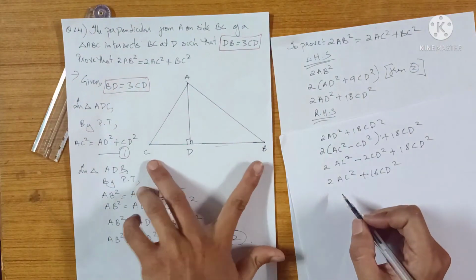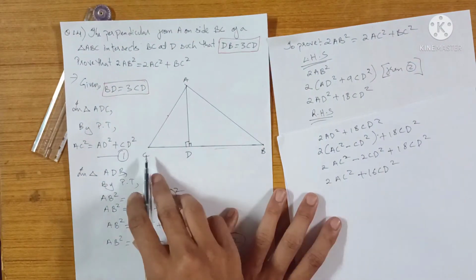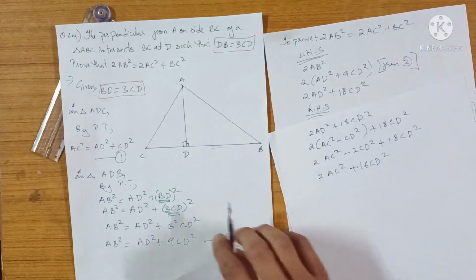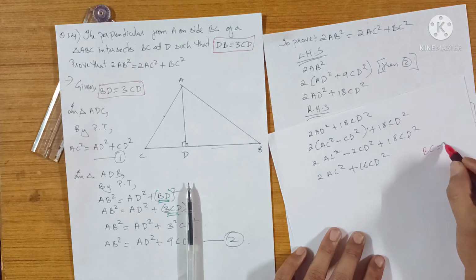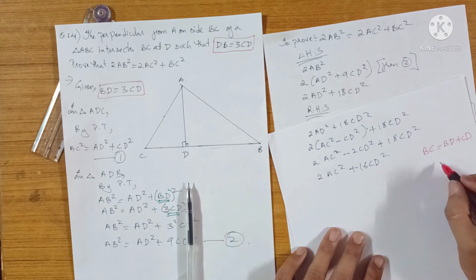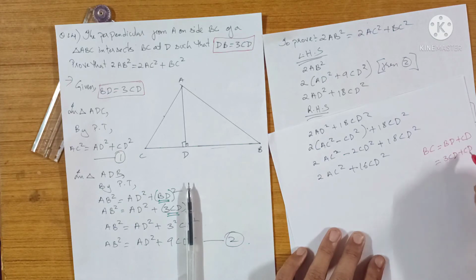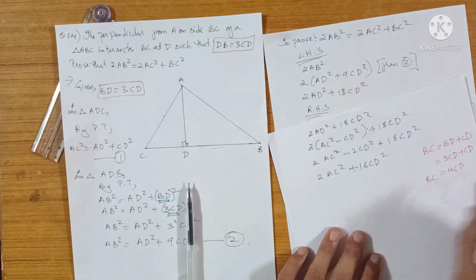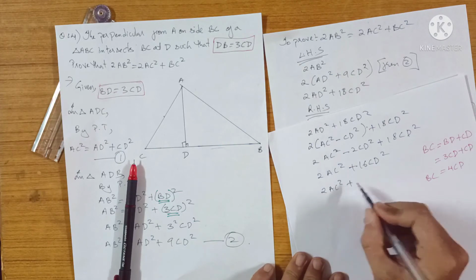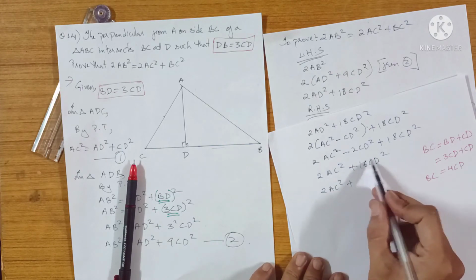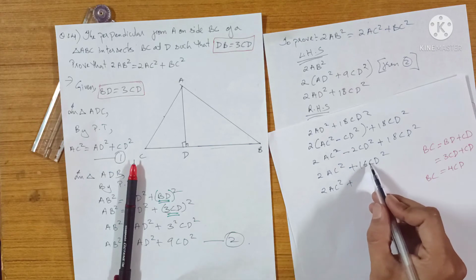So I can do, instead of BC, see, we know that BC, let me do this in rough section. This is rough. BC equal to BD plus CD as well. BD is 3 times CD, so 3 times CD plus CD, so it's 4 CD. So BC can be written as 4 CD also. So if I do 2 AC square plus 16 is outside the bracket, outside the square.